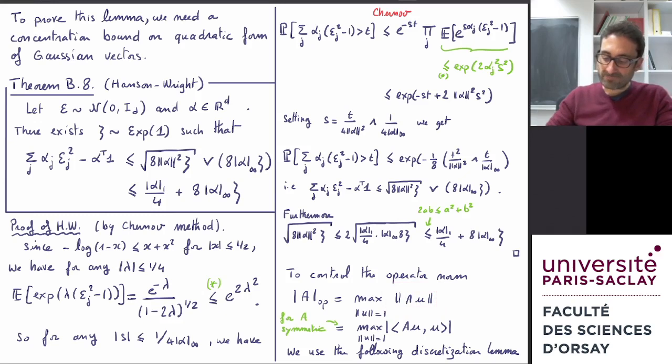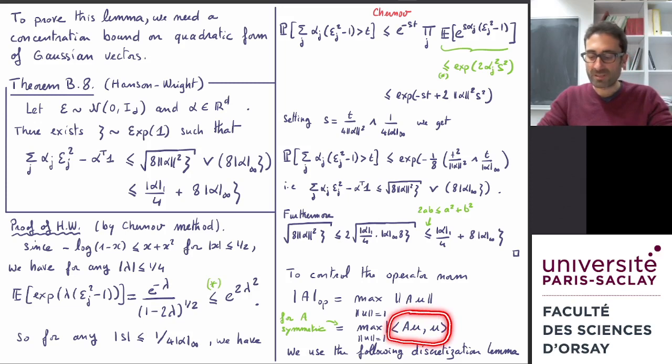So as I told you, the matrix A will be random, and we have to consider this quantity. You may imagine that for a given U, we'll be able to say something about this quantity. But what is tricky is that we will have to take the maximum over all the U that are in the sphere. Taking a maximum usually is not an issue because we just take a union bound.